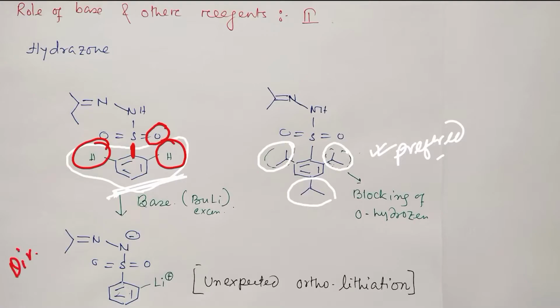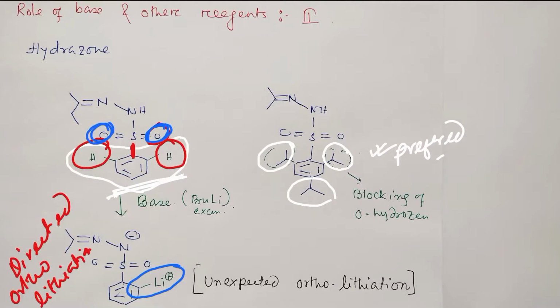So please remember this name, directed ortholithiation is possible, and so we get the corresponding lithium derivative, an organolithium reagent, and for this purpose these two oxygens have a very important role.